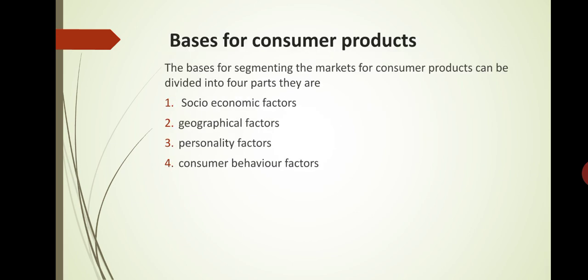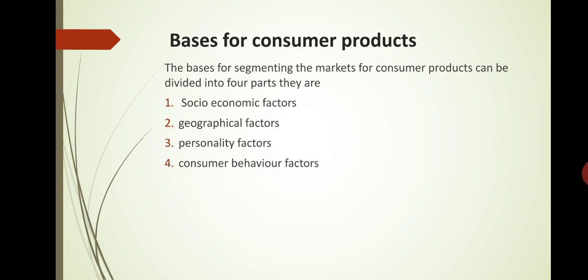Let us go through the basis for consumer products. The basis for segmenting the market for consumer products can be divided into four parts. They are important ones. First one, socio-economic factors. Second one, geographical factors. Third one, personality factors. Fourth one, consumer behavior factors.